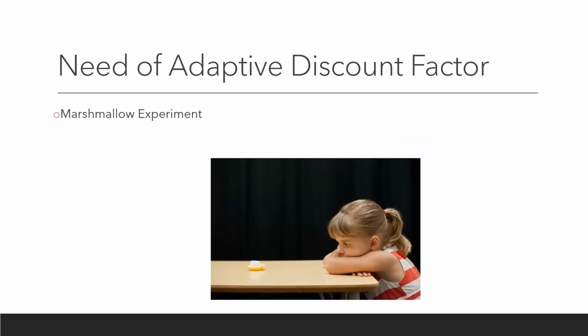In it, five-year-old children were given one marshmallow and told that if they could wait half an hour, sitting in front of a table with the marshmallow without touching it or eating it, they would get a double reward: two marshmallows.